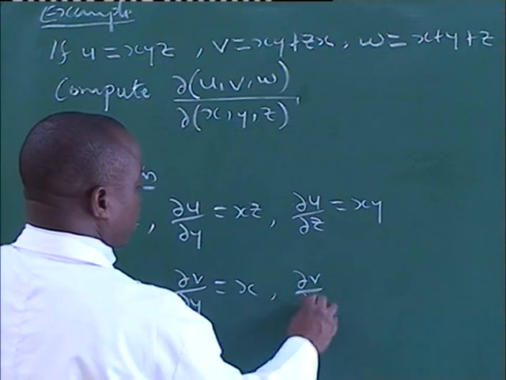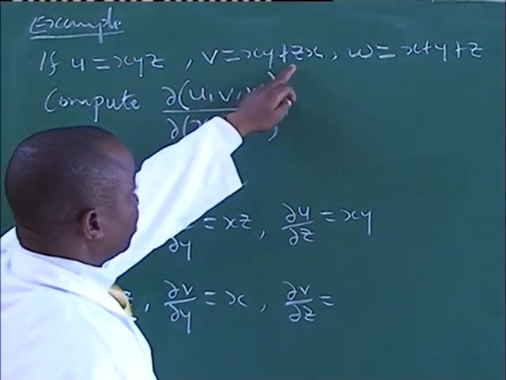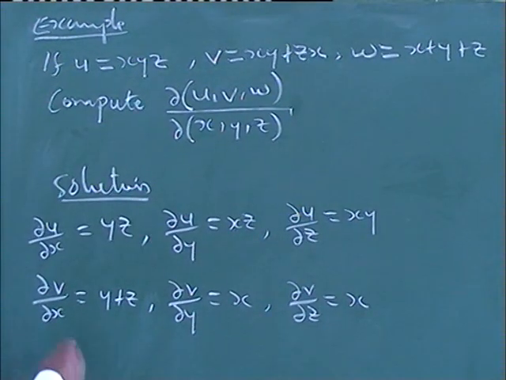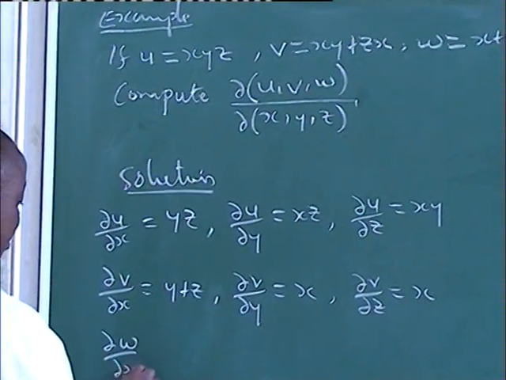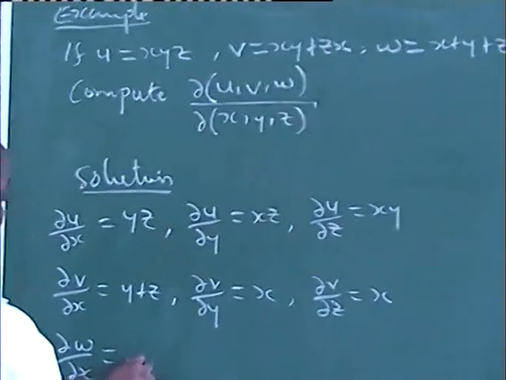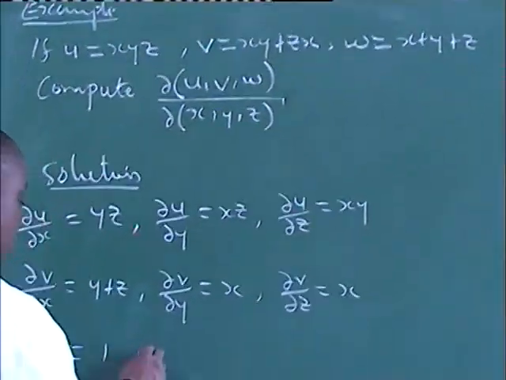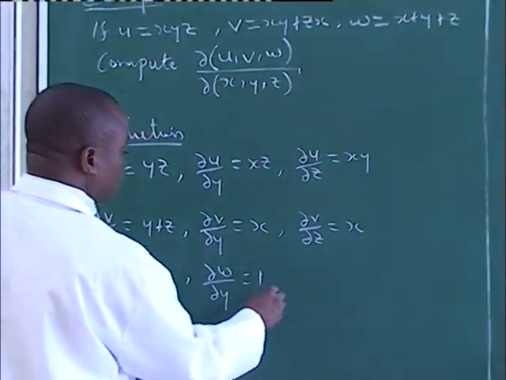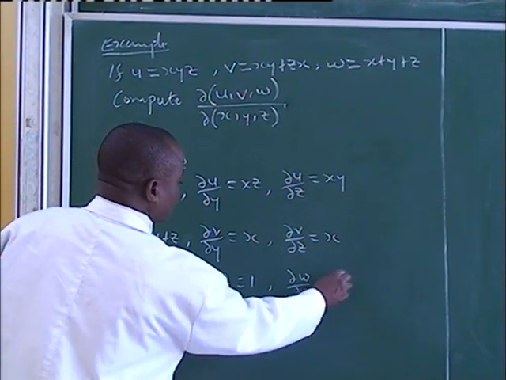Partial v, partial z will be x. Partial w, partial x is 1. That is, partial w, partial y equals 1. Partial w, partial z equals 1.